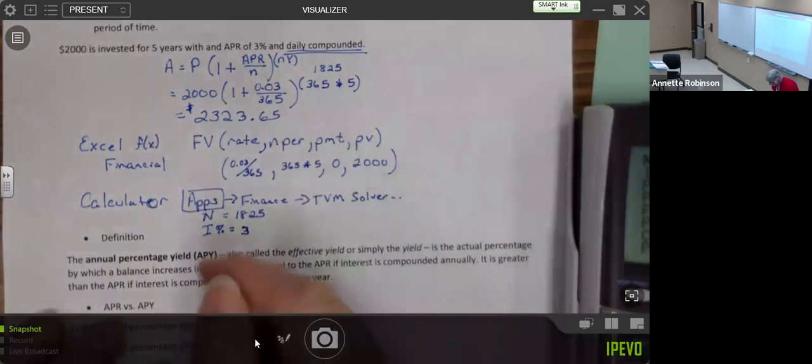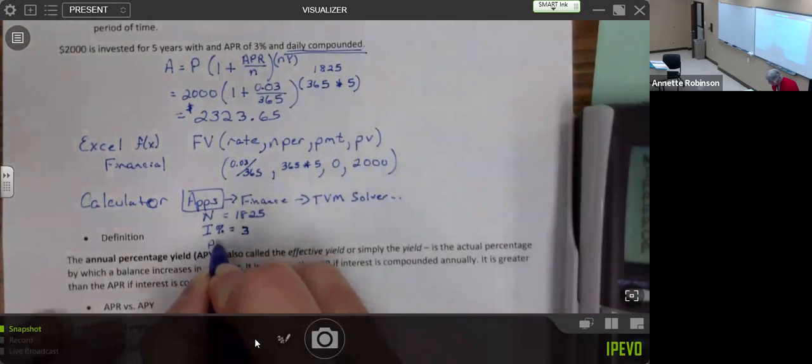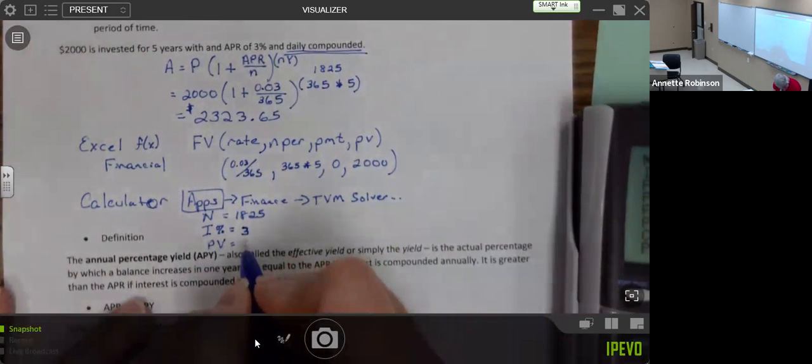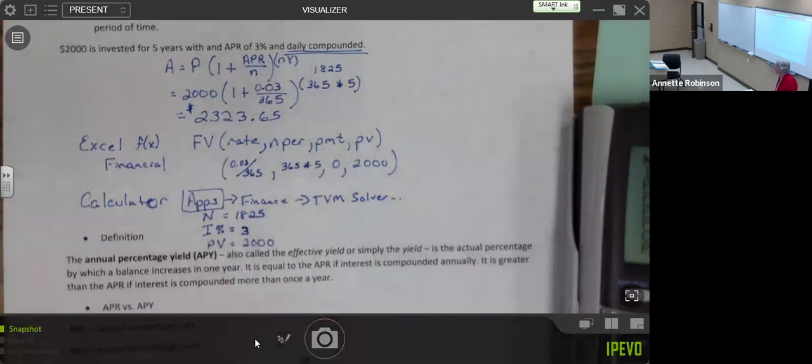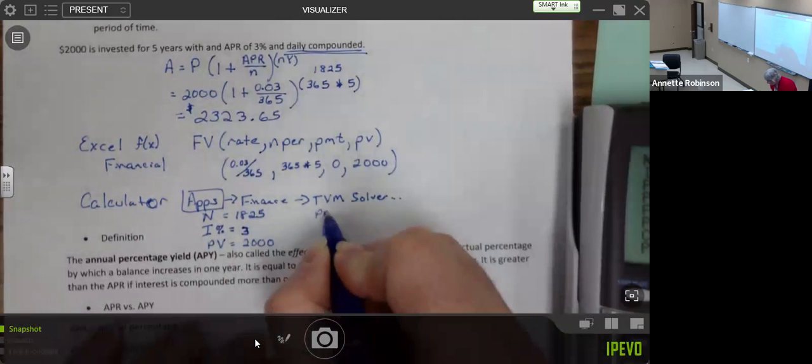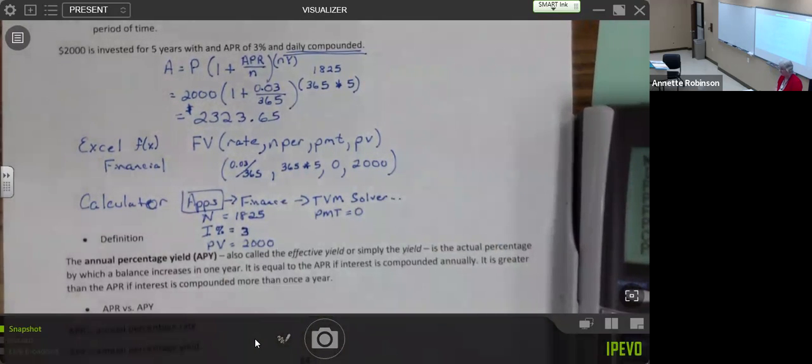The next one is present value. That is going to be our principal of 2,000. I'm going to put negative 2,000, because that's money out of your hands. PMT is payment. We don't have a payment, so we're going to put 0 there.